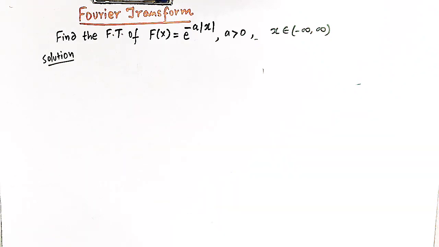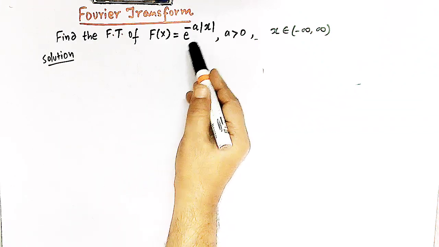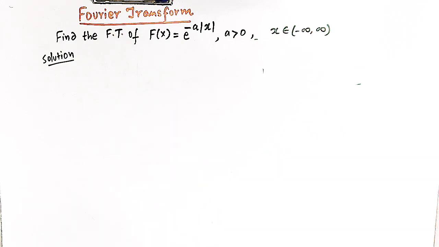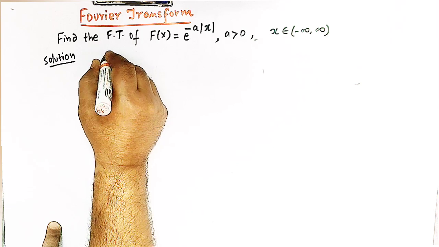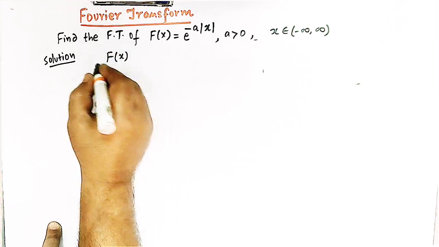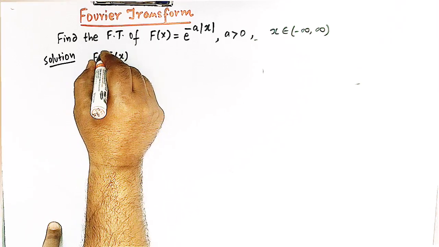Before finding out the Fourier transform of this exponential function, let us quickly define the Fourier transform of some function f of x. The Fourier transform of some function f of x is denoted by this notation.